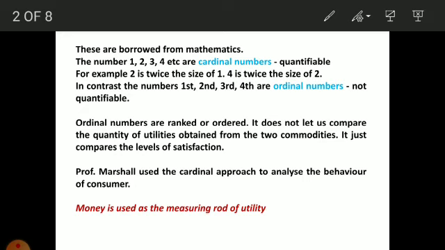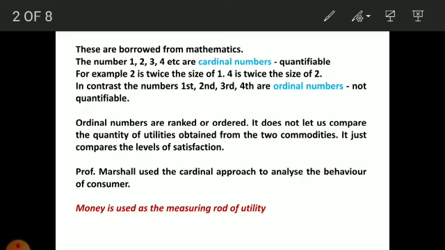Whereas, ordinal numbers are first, second, third, fourth, and so on. The ordinal numbers are not quantifiable. Ordinal numbers are ranked or ordered. Just from ranking, there is no way of knowing the size of the number.